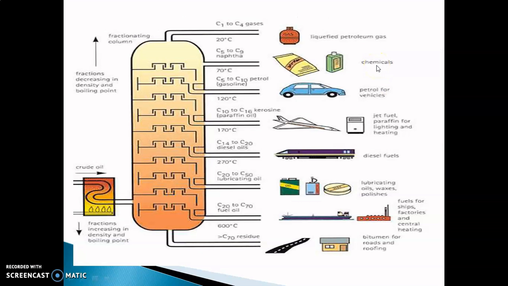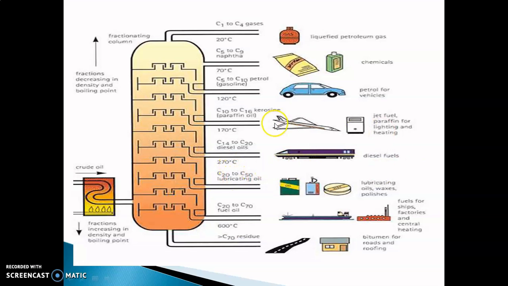See, this will give you the fractions obtained at various temperatures and the application of those fractions. Here you can see LPG at this temperature, petrol or gasoline at 120 degrees, paraffin oil at 170 degrees, and diesel oil.